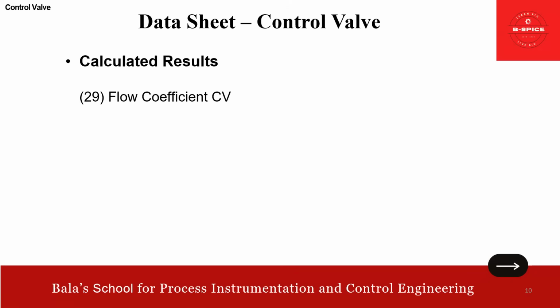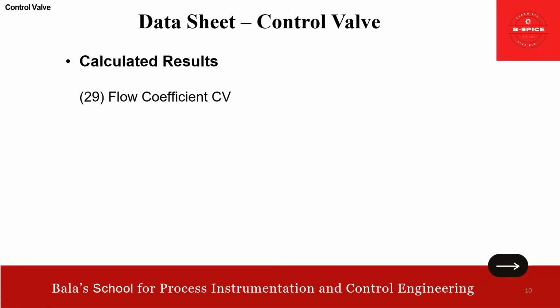So just remember this definition. It is defined as a volume of water, that is GPM, gallons per minute in US, at 60°F that will flow through a fully open valve with a pressure differential of 1 psi across the valve.